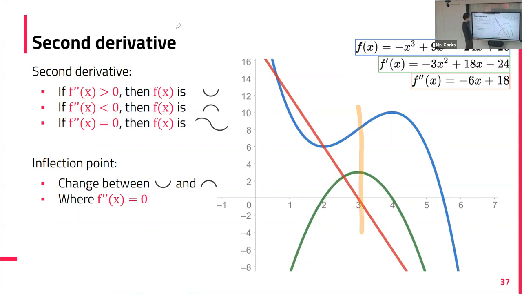Looking at the original function, the blue one, this whole idea of curving up: let's look at a whole bunch of points on this original function. At the start here, the slopes are very negative. Then the slope is still negative, but less negative, getting closer to 0, hits exactly 0, and then it's slightly positive, and then more positive.